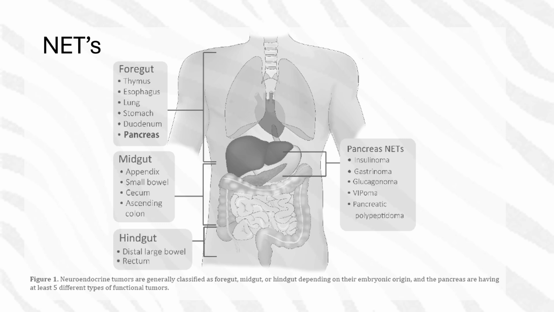Now, for pancreatic neuroendocrine tumors, there are at least 5 different types. The common ones we would see are insulinoma and gastrinoma, but you can also see vipomas, glucagonomas, and pancreatic polypeptidomas.